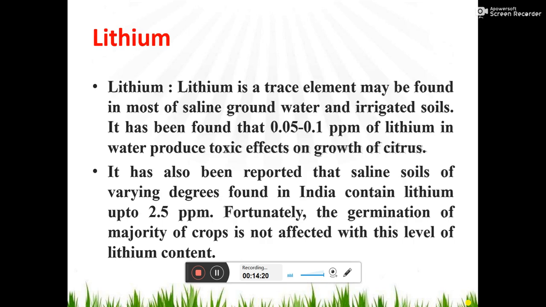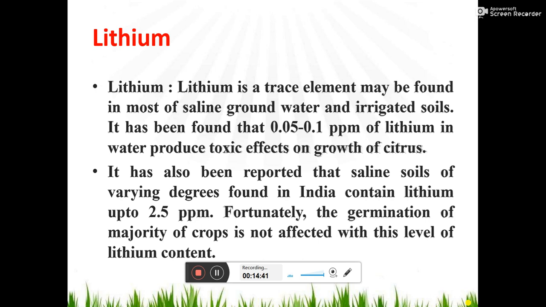So in case of lithium, lithium is a trace element, may be found in most saline groundwater and irrigated soils. It has been found that 0.05 to 0.1 ppm of lithium in water produces toxic effects on growth of citrus.